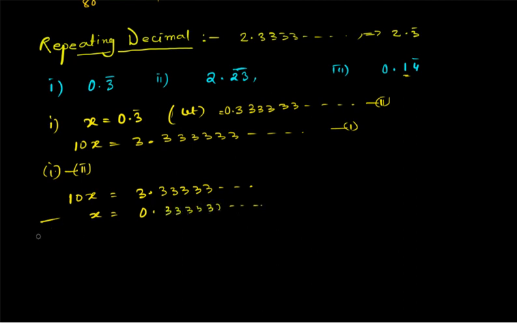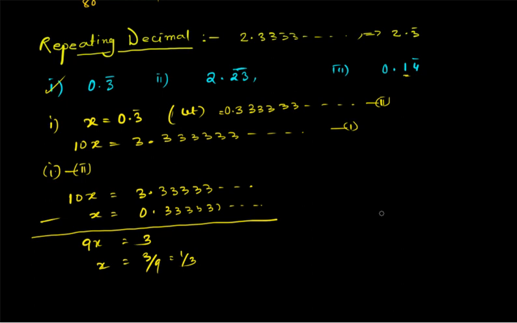If I subtract, I'll be getting 9x equals 3, because after the decimal the entire thing cancels. So x equals 3 by 9, which gives you 1 by 3. This is the fraction, or rational number, representation of this recurring decimal. I think it's clear.